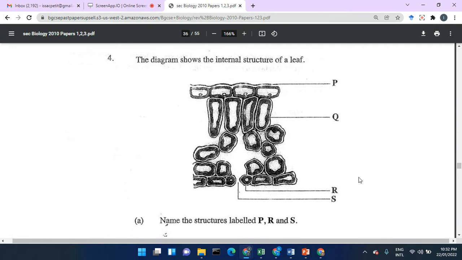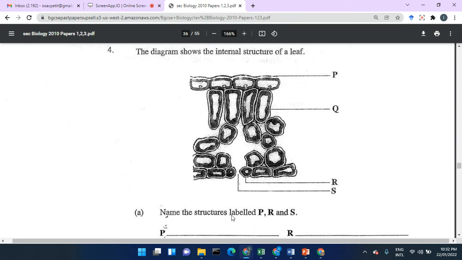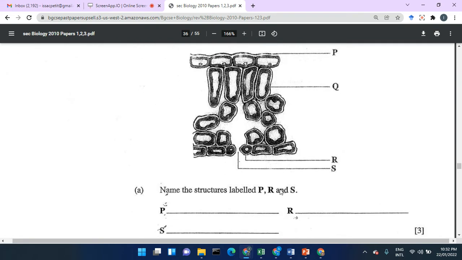The question naturally is, name the structures labeled P, R, and S. What is P? What is the structure here? What is R, this structure here? And what is S, this open gate if you must? So let's label these structures.